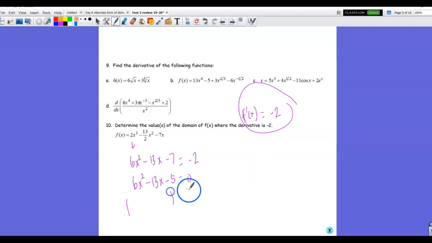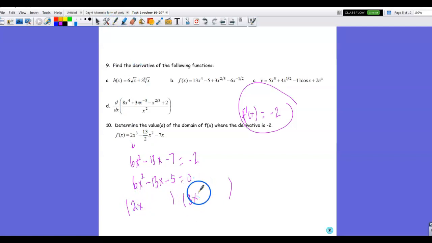All right, I'm going to factor, or I'm going to try to factor. 6x, I don't think 6x is going to work. So let's do 2x and 3x and see if that works out for me. I don't do split the middle. I do trial and error, so 2x and 3x.